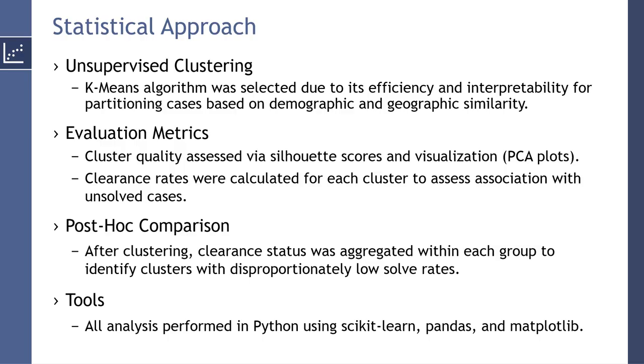Just a reminder: the victim age, sex, race, and the latitude and longitude in the city that I talked about. And so I'll compare the solve rates in each group to look for clusters that appear to be consistently underserved. That's a key word, consistently underserved. And again, this part is exploratory. I'm not assuming an outcome, but the tools are in place to reveal one if it's there.